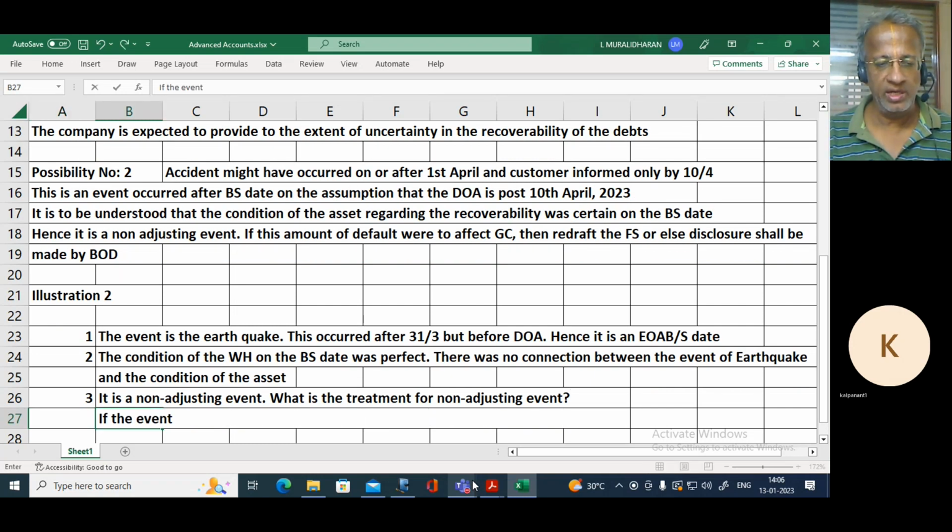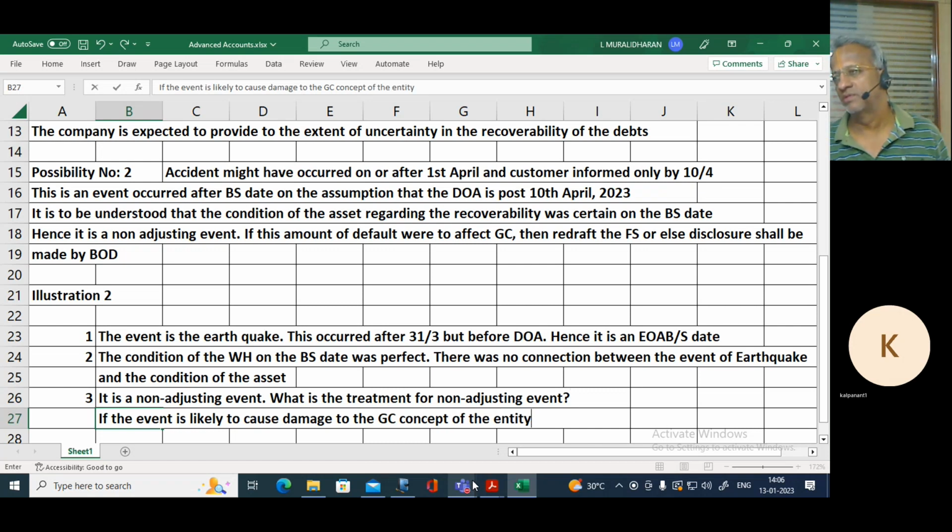If the event is likely to cause damage to the going concern concept of the entity, then, since this is the only warehouse that they have and the company itself is likely to come to problems where they cannot continue in the future, redraft the financial statements.